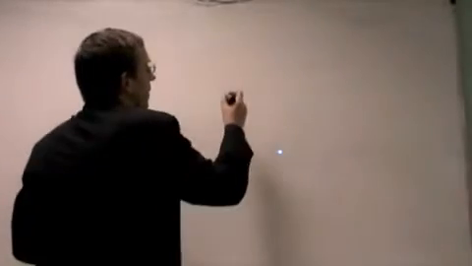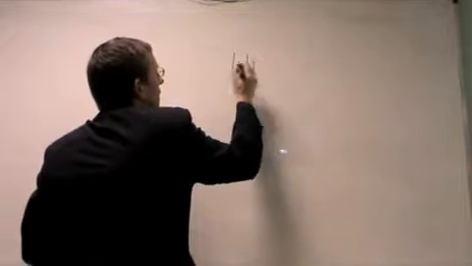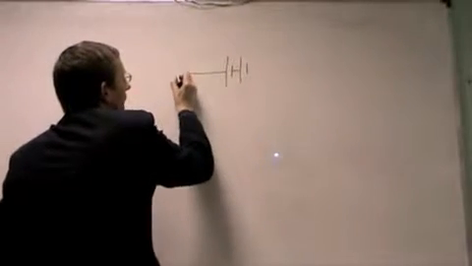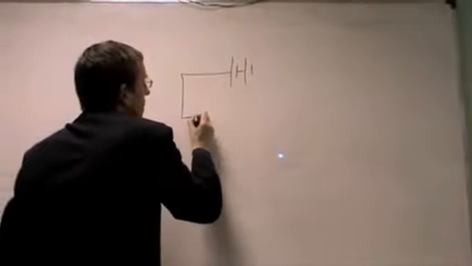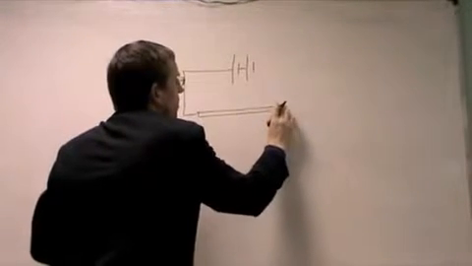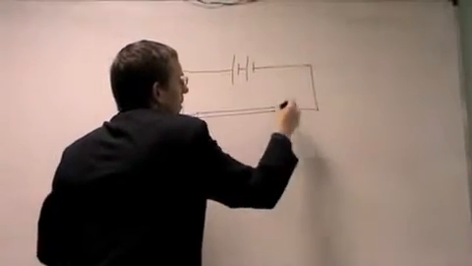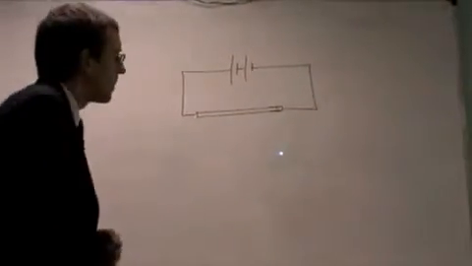Okay, here's the circuit diagram for the balancing circuit. I've got the two batteries and they're connected across the resistance wire of the rheostat.